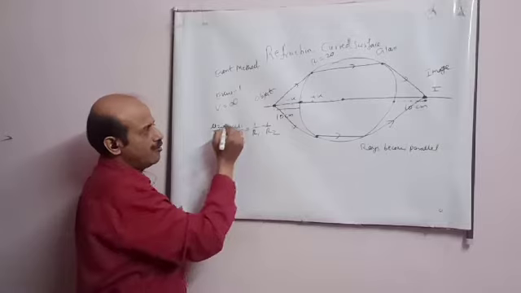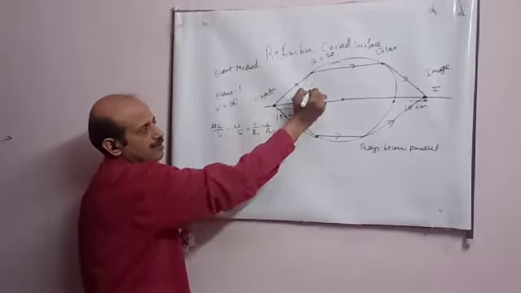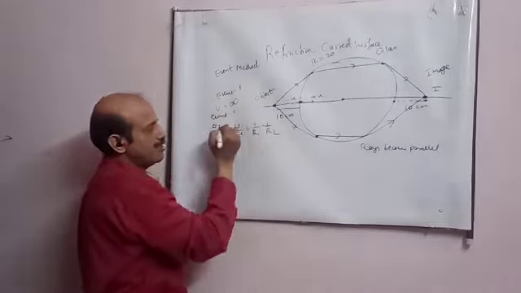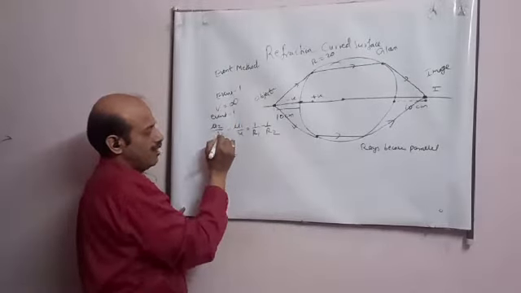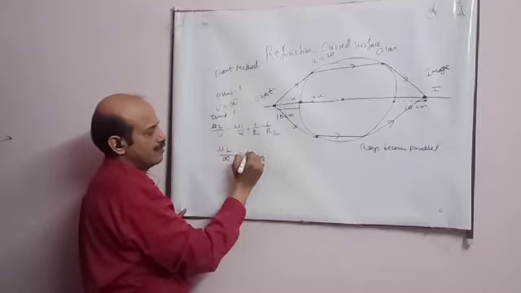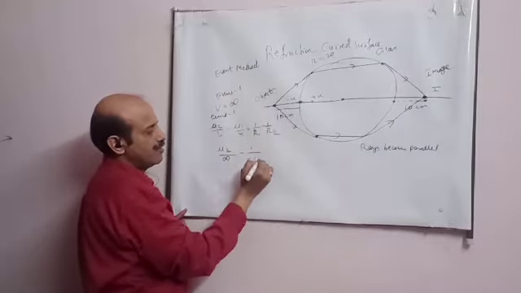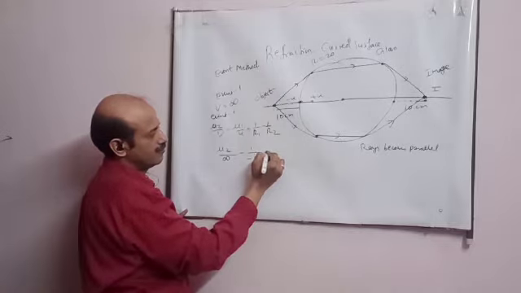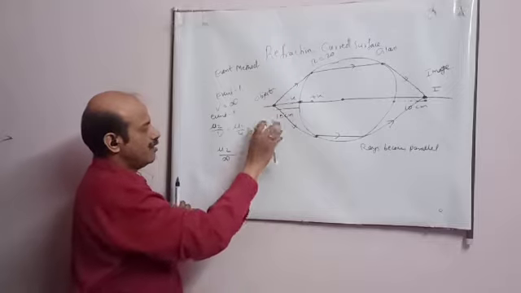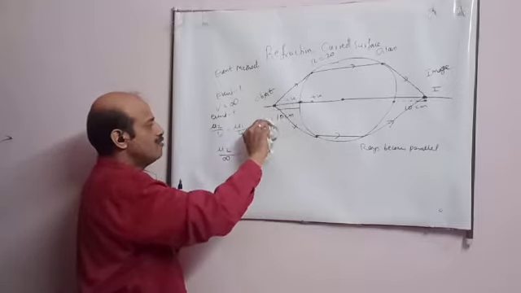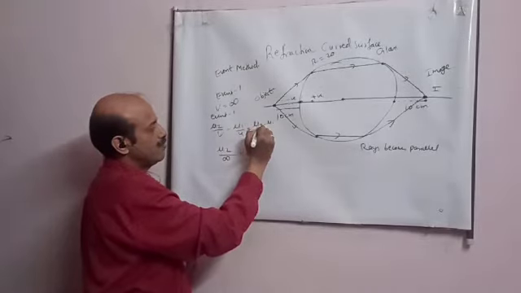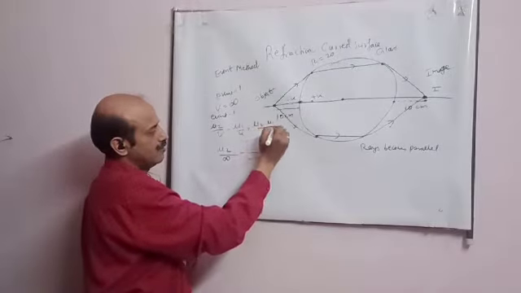Now student, for event 1, mu 2 is unknown, the image is at infinity, minus mu 1, air, object 10 centimeters. This is mu 2 minus mu 1 upon R.